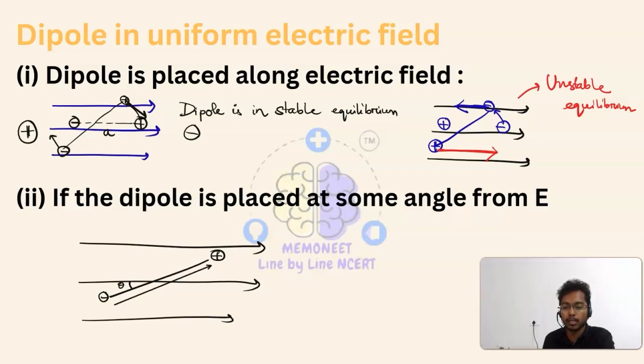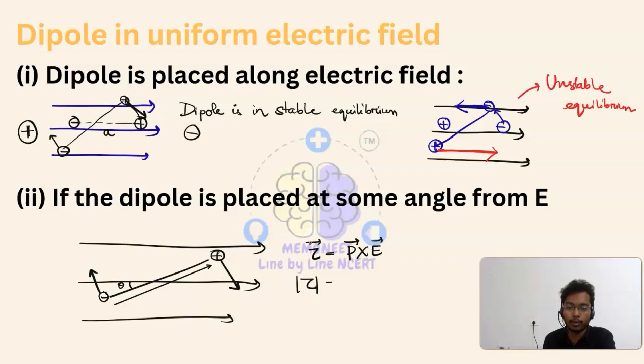The dipole moment goes from negative to positive charge, like this. The forces act in these directions on the two charges, and this generates a torque, because it is rotating. In general, tau equals r cross F. Here in electrostatics, tau equals p vector cross E vector, that is, the dipole moment crossed with the electric field.